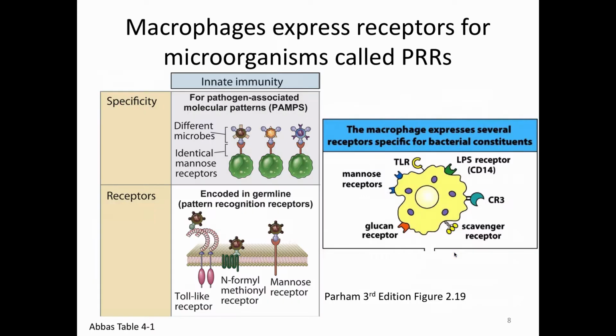Specifically, our macrophage is going to use a type of receptor. That receptor is known as a pattern recognition receptor, or PRR.